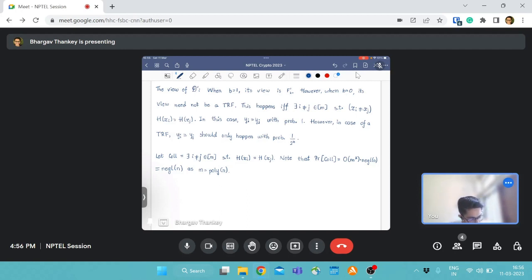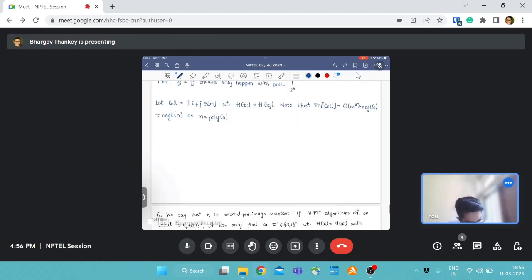Now, conditioned on collision not happening, the view of D prime is F prime when b is equal to 1.